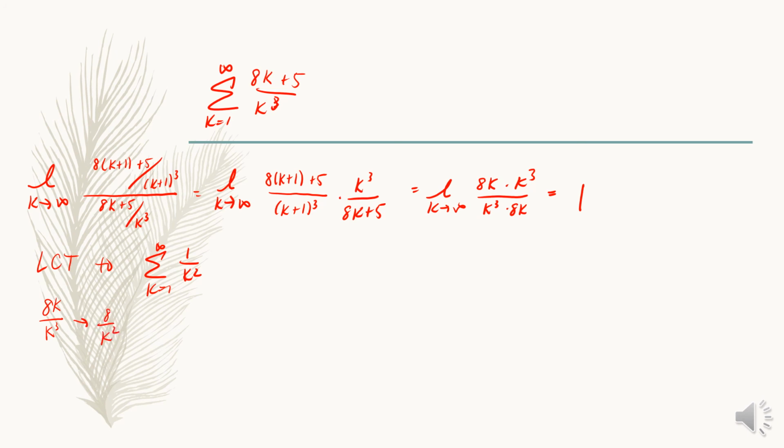So I'm going to compare it to 1 over k squared. If you do that, you're going to see that they're the same. It converges by the limit comparison test. So actually do this out. You're going to see that this converges by the limit comparison test with the series k equals 1 to infinity of 1 over k squared.